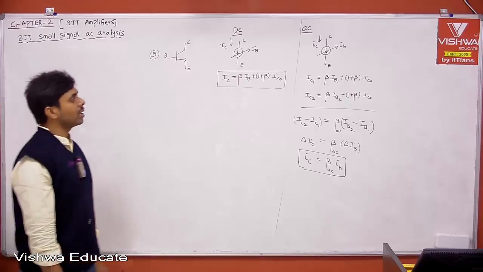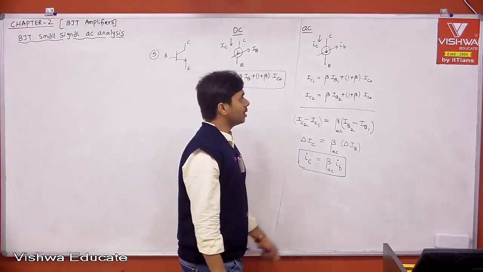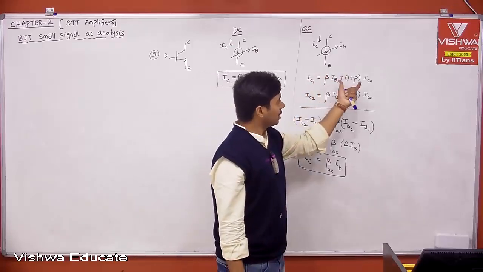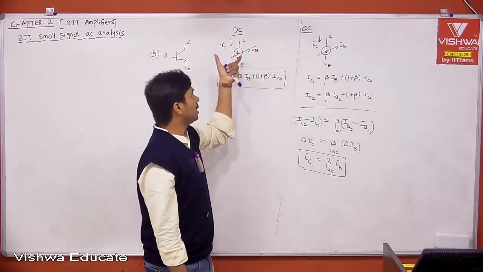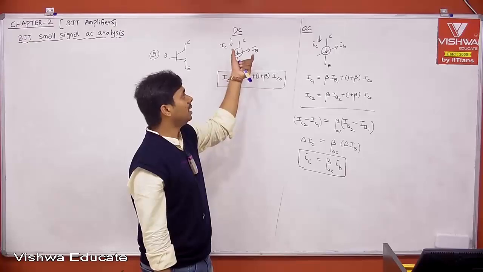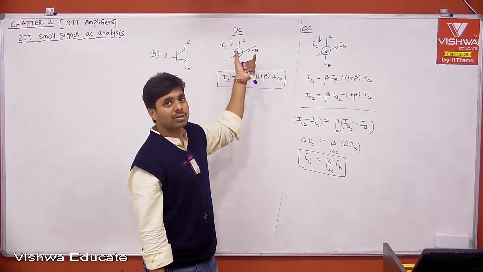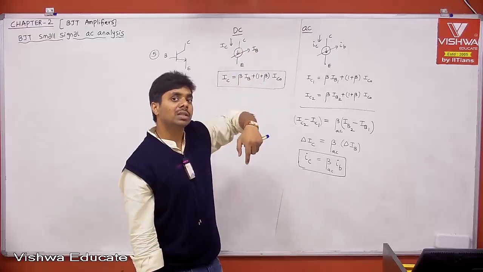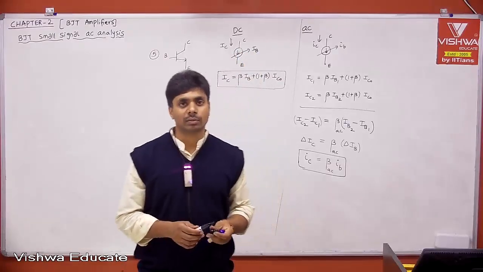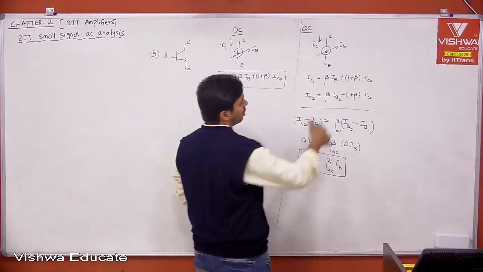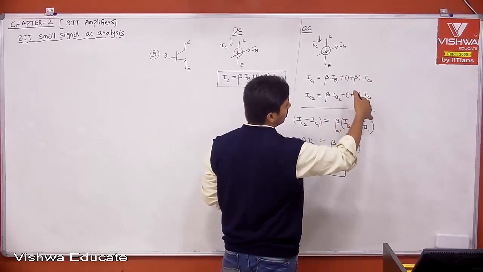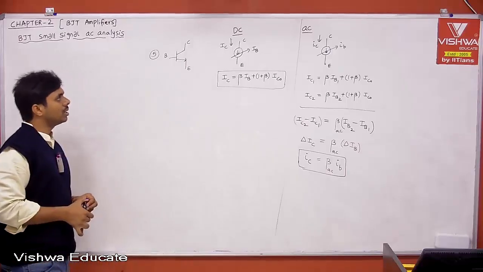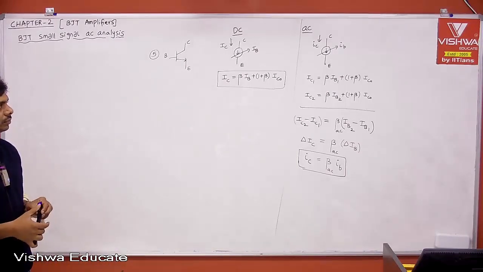What I want to highlight is, in a given DC equivalent circuit, if there is any DC voltage source or current source or anything which is constant, then you can take the change in that constant as 0. That's why the change in the quantity which is common for both the equations with respect to time is cancelled, and then you get it. Write this equation. Similarly, I will explain for MOSFET.